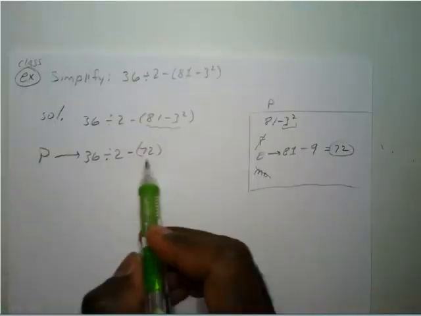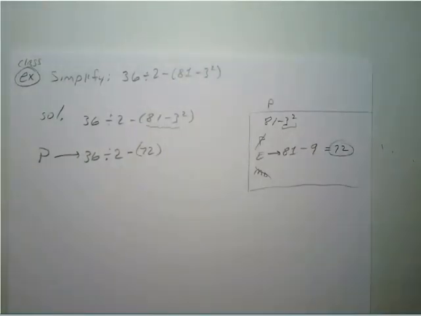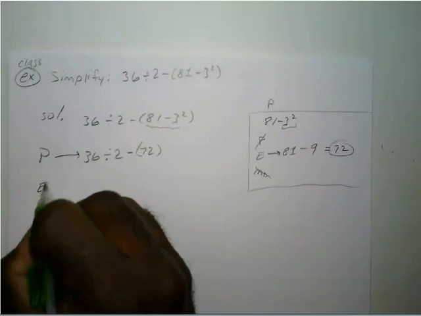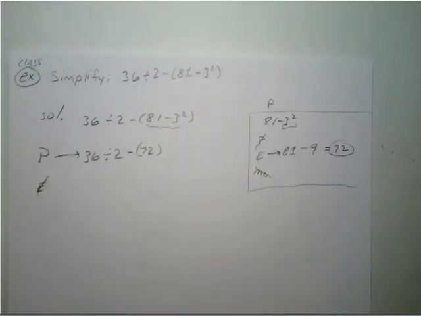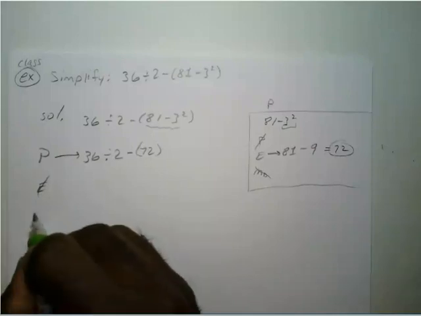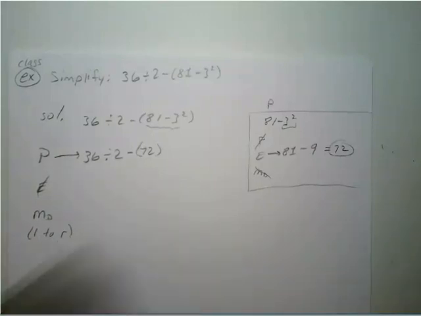All right, now you don't need the parentheses there if you don't want to put it there, but I just have it there. Okay, so we don't have any exponents. We've already taken care of this exponent over here. So you can skip the exponent. You have the multiplication or division from left to right.